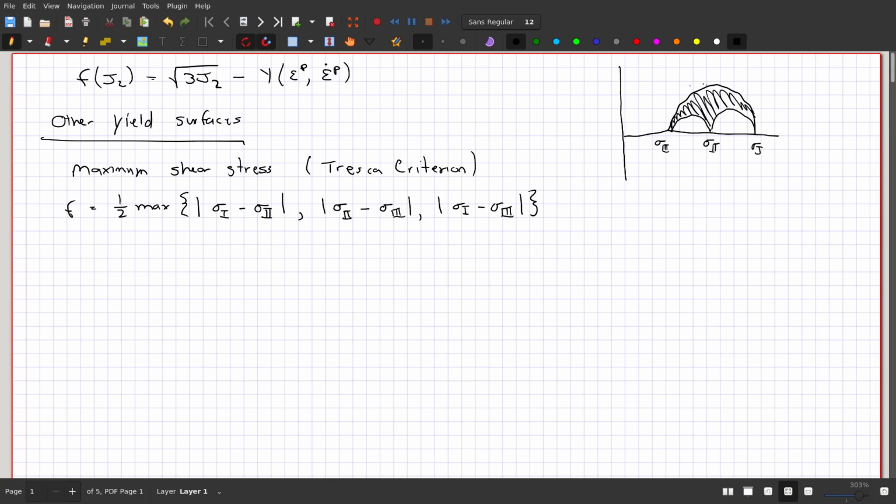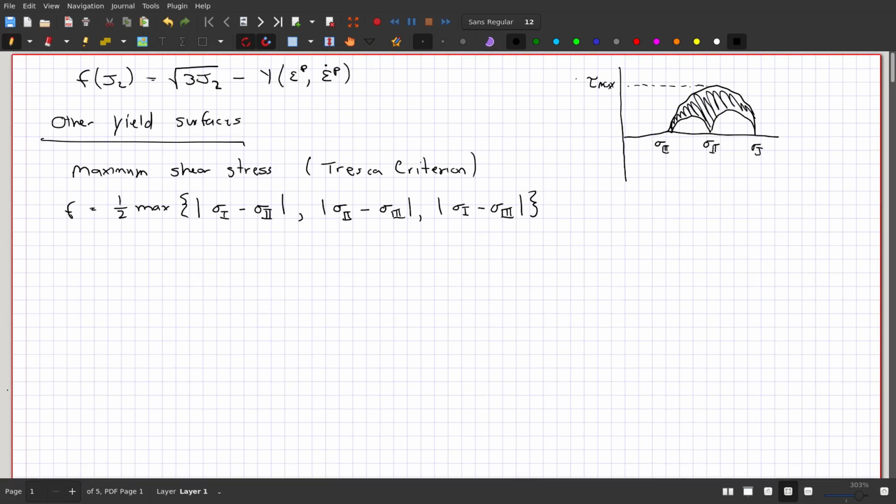So if you recall, I said that this here is tau max, right? So basically, you're going to find the maximum of any of the principal stresses. That's going to give you the maximum value of tau max, so therefore the maximum shear stress. So that's why it's called the maximum shear stress criterion.